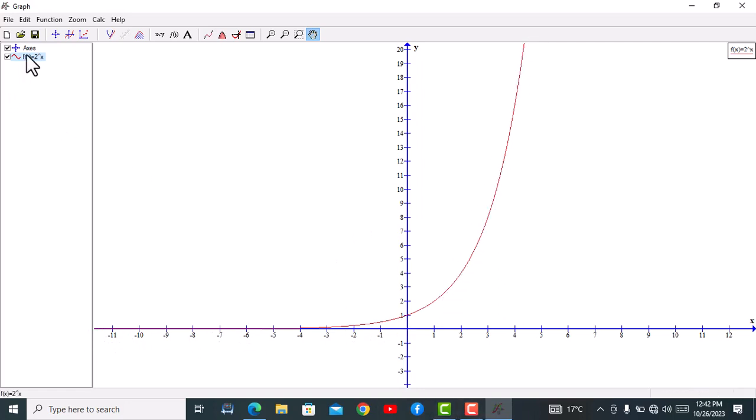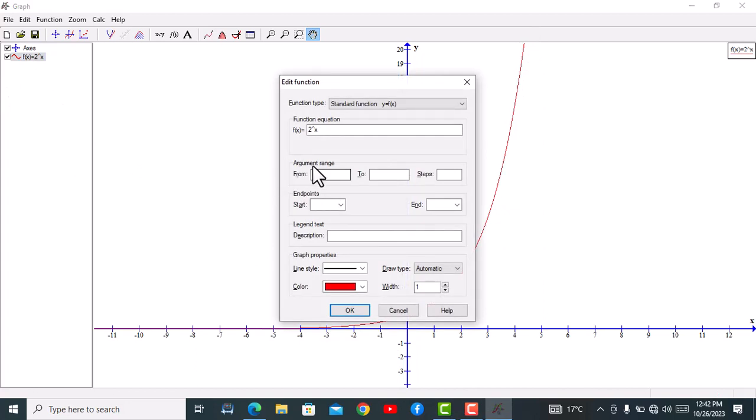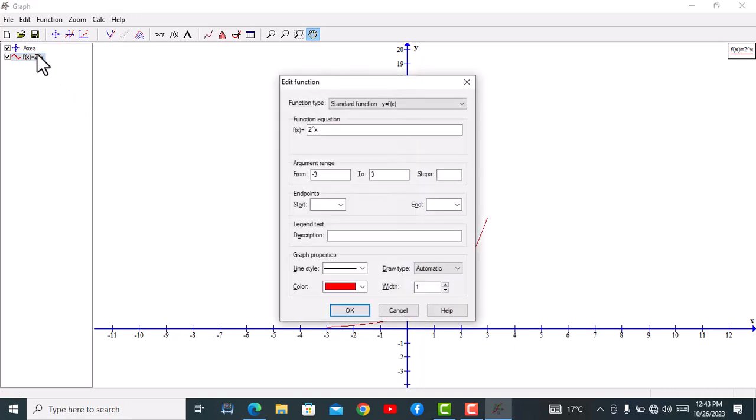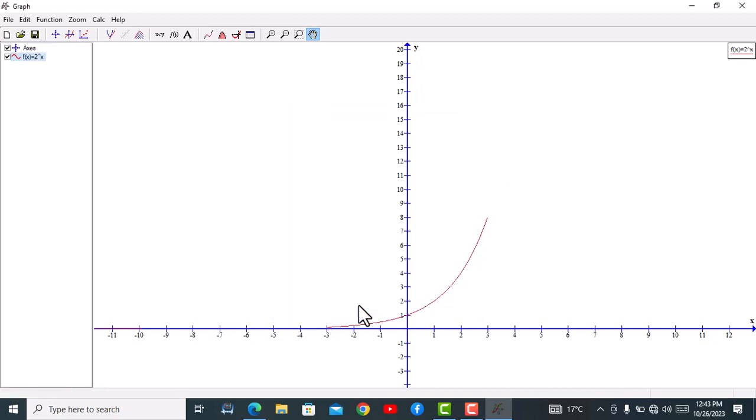I can specify the arguments here. I can say, for example, minus 3 to 3, and I can draw that, you see. So as you increase from maybe negative 100 to positive 200, look what is happening.